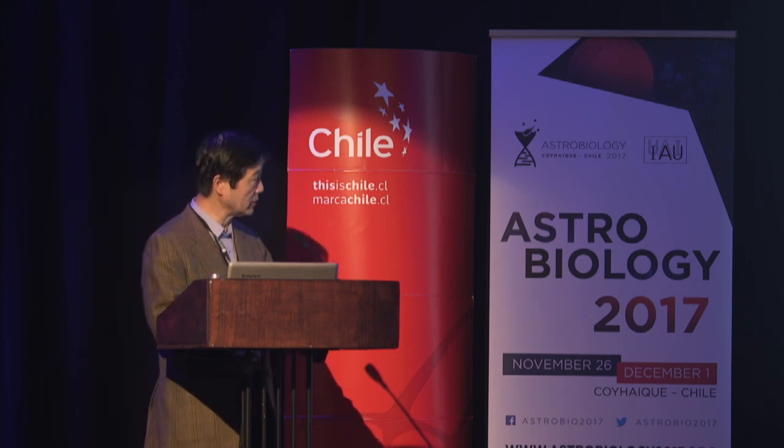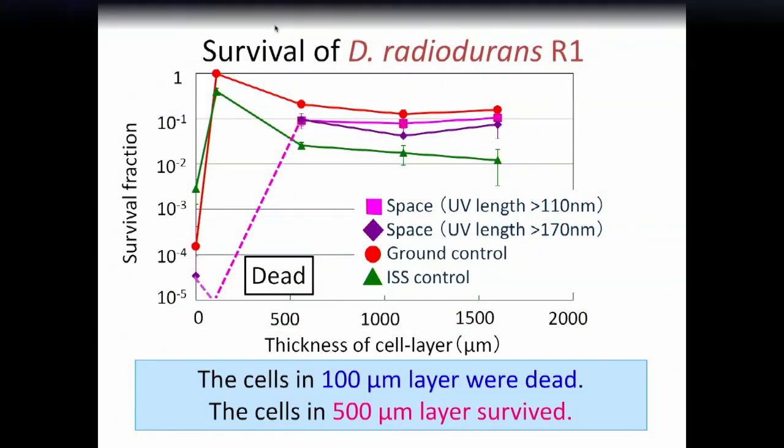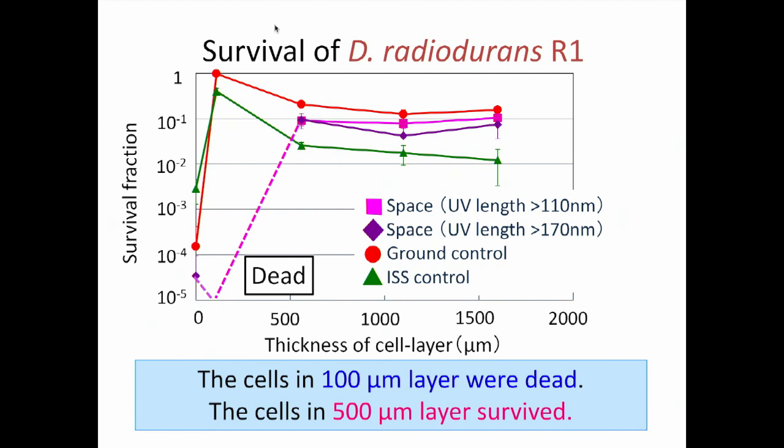We have tested after 1 year of exposure of the microbes. The red one is the ground control. We kept the same sample in the laboratory. After 1 year, it showed a very high survival, ranging from 100% to 10%, depending on the thickness.